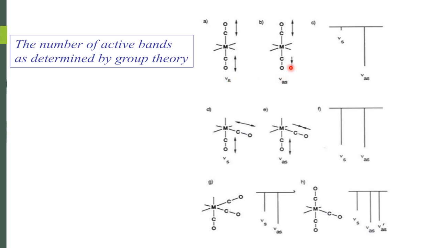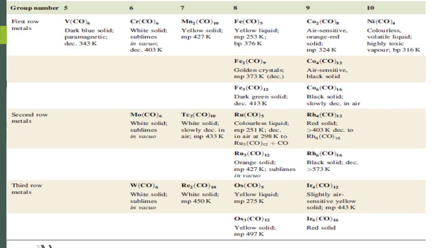And here, this one is undergoing compression while this one is undergoing extension. So there are different types of stretching modes here, and from these we can get different types of spectra.